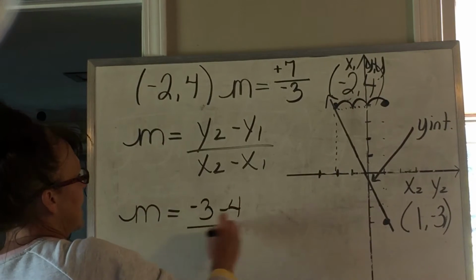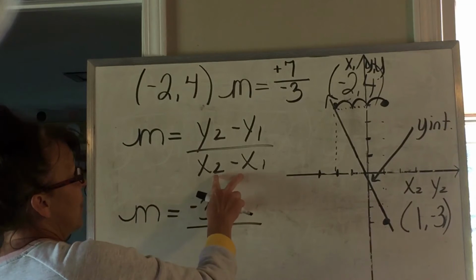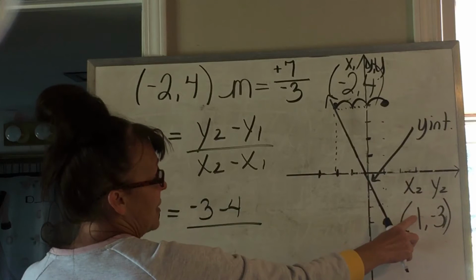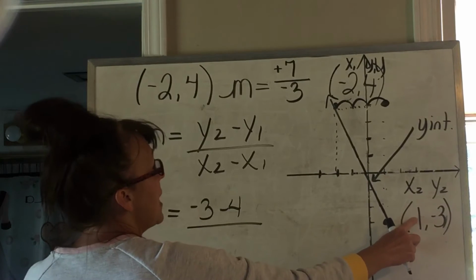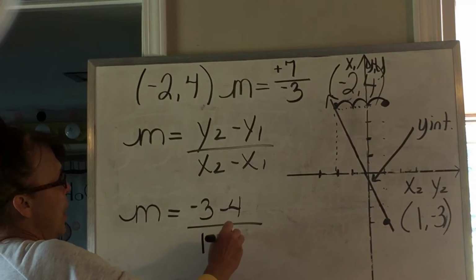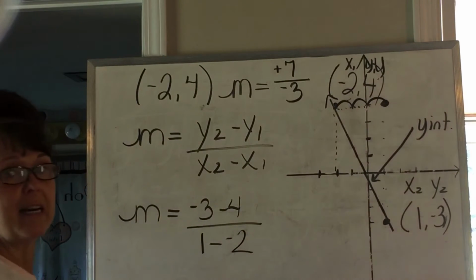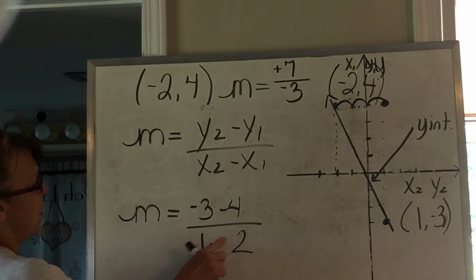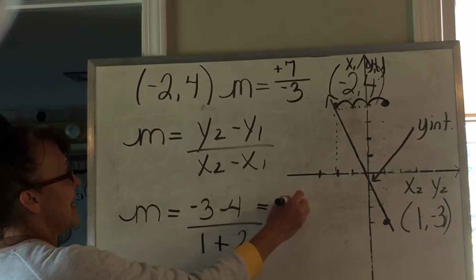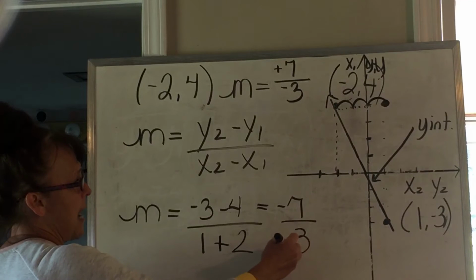Subtract your y's over, now do your x's. This one's x2, so it's going to be 1 minus a negative 2. But what's 1 minus a negative 2? Well, that turns into a plus, and that gives you negative 7 over 3.